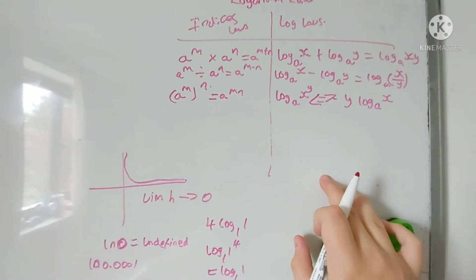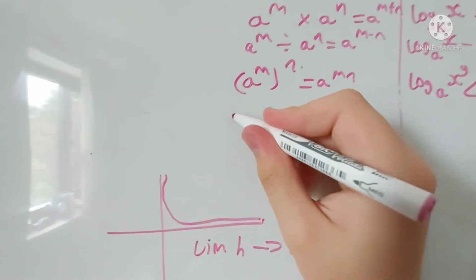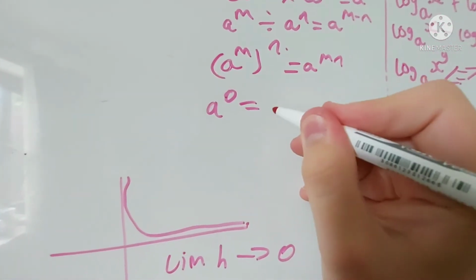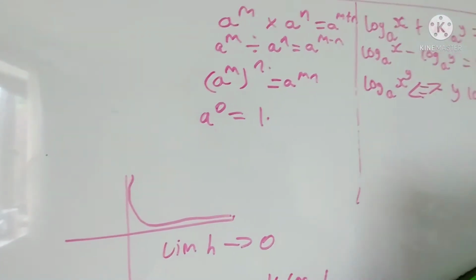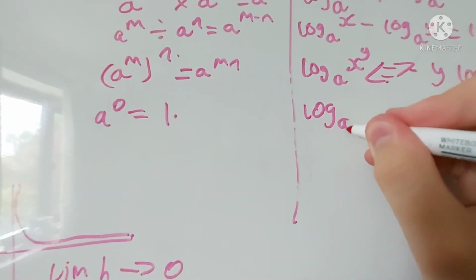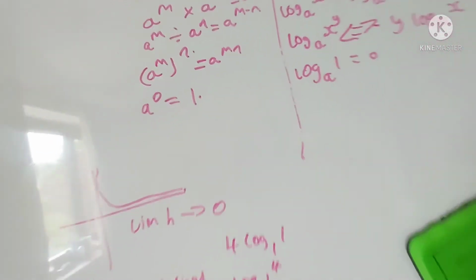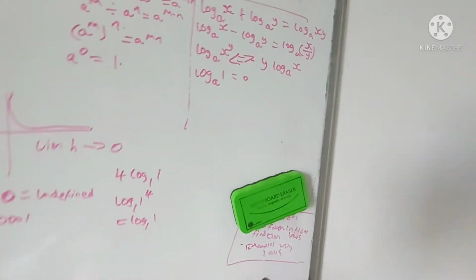So the next one is if we have a to the 0 equals 1, then log base a of 1 is 0. Try it on your calculator, and it has to be true for whatever number.